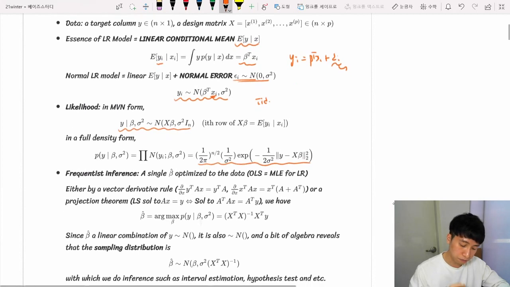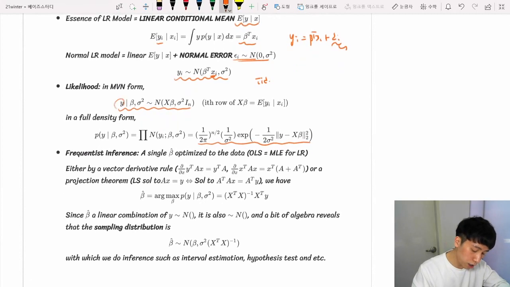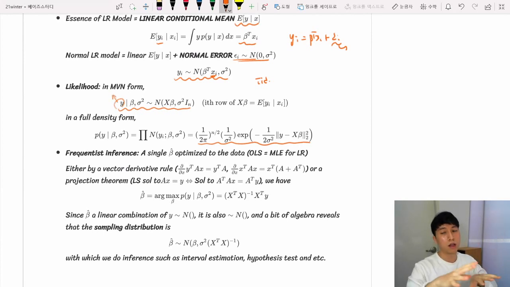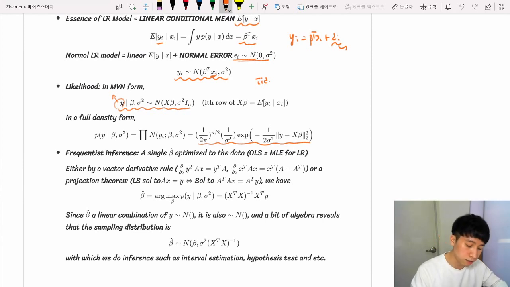The y here is the column of y. This multivariate normal specifies the entire distribution of the y column vector, and we set the mean of this column vector to be X beta. X here is the n by p design matrix, and beta is a column vector of coefficients, so it has dimension p by 1.